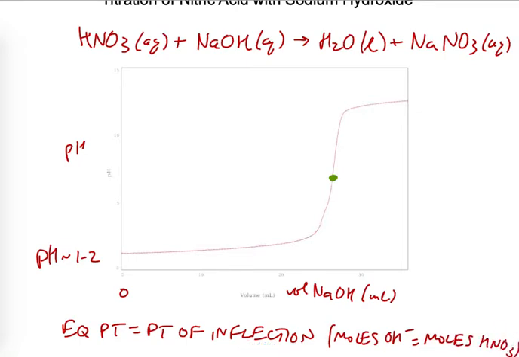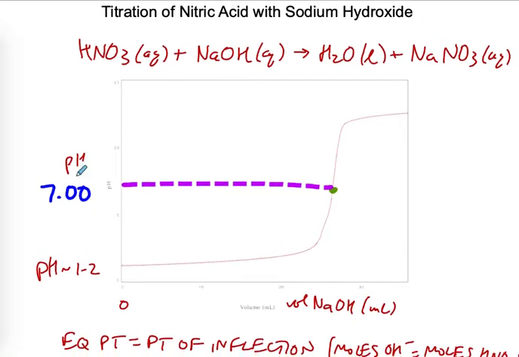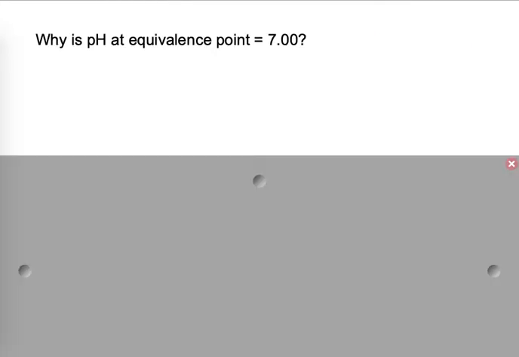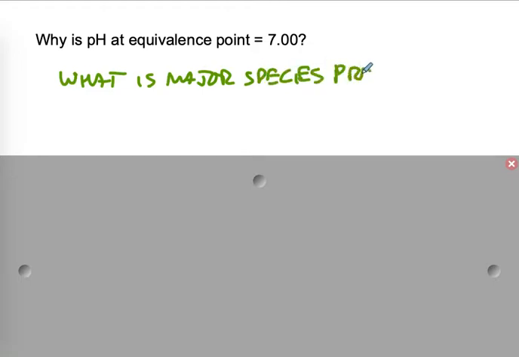Now, if you ask yourself, what is the pH at the equivalence point, we see, interestingly enough, that the pH is equal to 7.00. At the equivalence point in the titration of a strong acid with a strong base, the pH is neutral. So why would that be? Well, we're going to ask ourselves the question that I'm going to ask you literally 10,000 times this unit, which is, what is the major species present at the equivalence point?